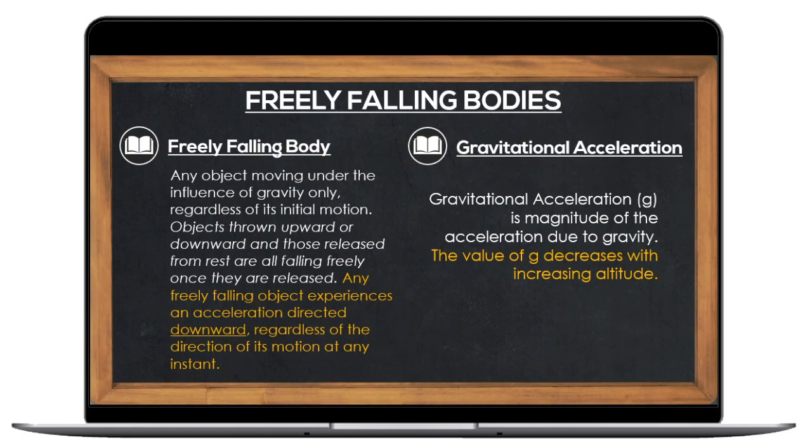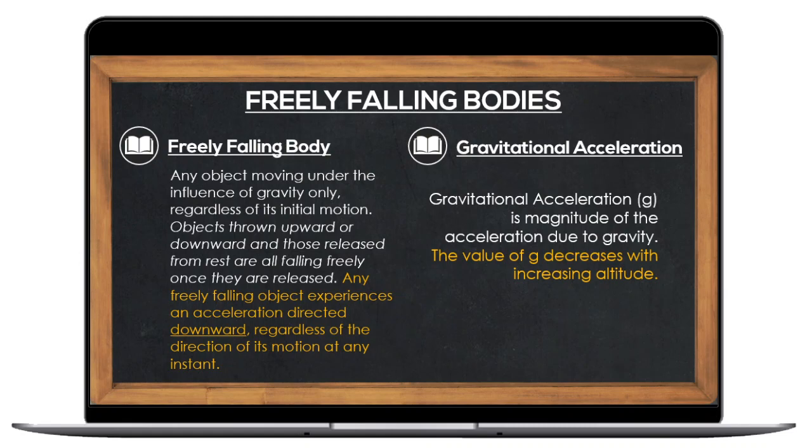However, in our subject, since we will be dealing with scenarios, situations, objects or systems which happen within the Earth, we will consider a constant gravitational acceleration. We will not apply the principle that the value of the gravitational acceleration decreases with increasing altitude, because we will consider all systems that happen here on Earth.